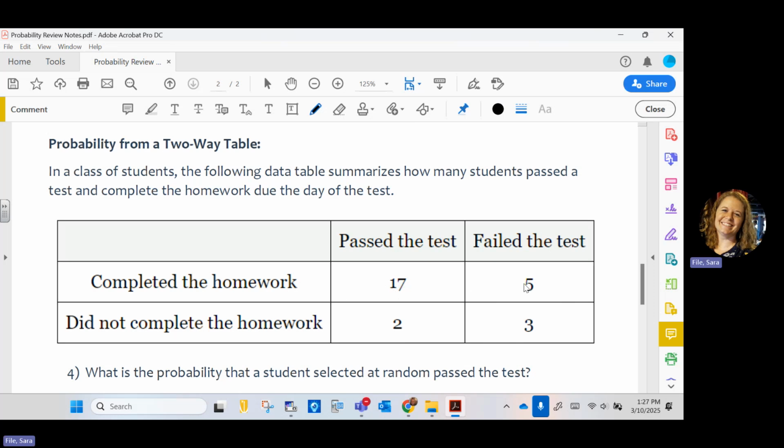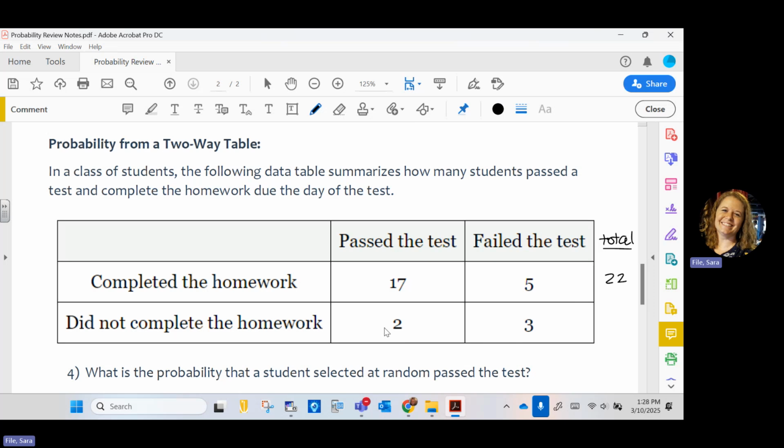If I add these two together, 17 of them completed it and passed the test. 5 of them completed it and failed the test. So 17 plus 5 is 22 completed the homework.